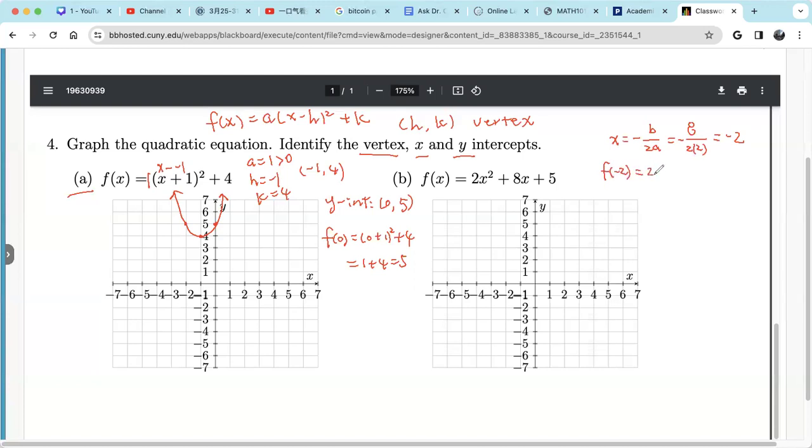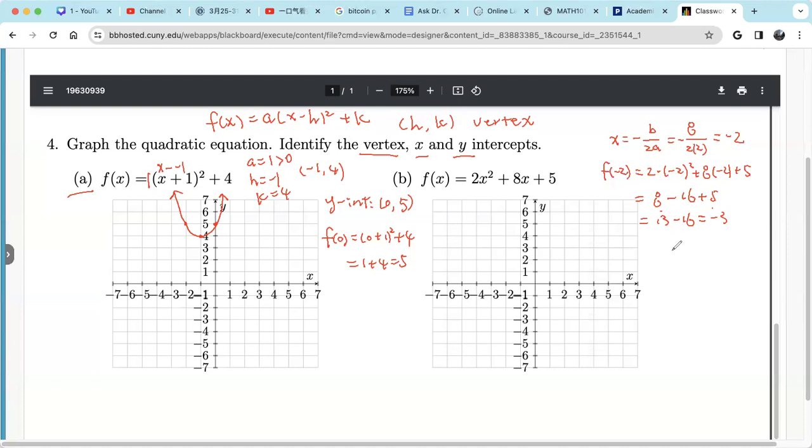F of -2 equals 2 times -2 squared plus 8 times -2 plus 5. -2 squared is 4. 2 times 4, 8. 8 times -2, -16, plus 5. So 8 plus 5 is 13, minus 16, we get -3.